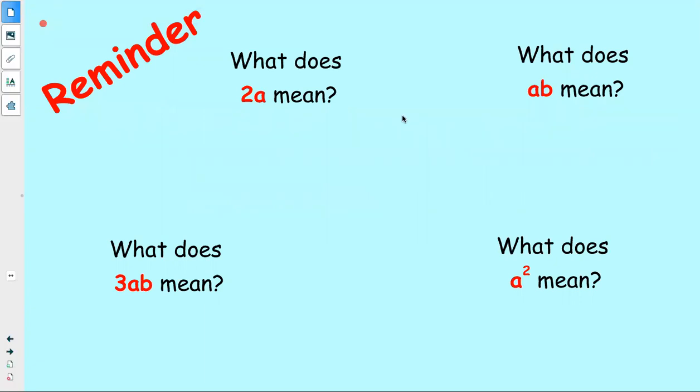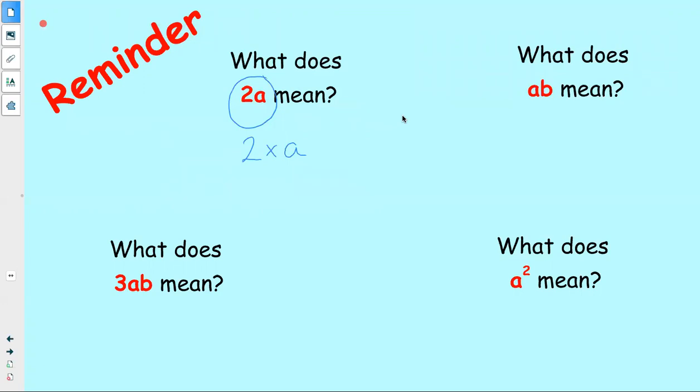Before we get started, just a wee reminder from previous lessons. You know what it means when it says 2a. You know that 2a is simplified. It means 2 multiplied by a, and it's quite important to make that clear when you're doing substitution. People almost forget what that means. So 2 lots of a, or 2a, means 2 multiplied by a.